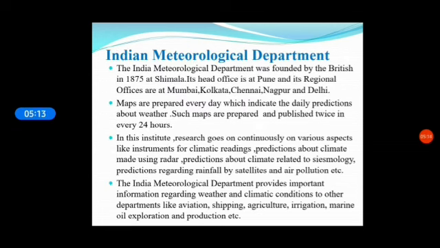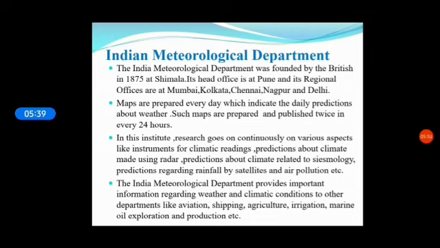Now we will learn in detail about meteorological work done in India. The Indian Meteorological Department was founded by the British in 1875 at Shimla. Its head office is at Pune and its regional offices are at Mumbai, Kolkata, Chennai, Nagpur, and Delhi.